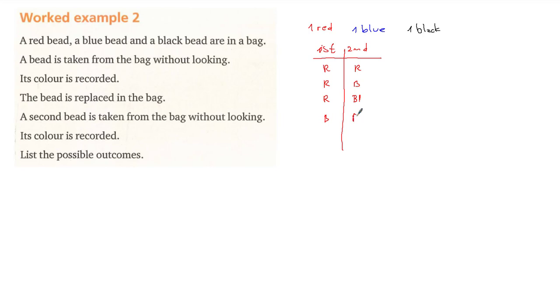If the first one is blue, then the second one may be red. If it's blue, then the second one may be blue again. If the first one is blue, the second one may be black. Let's suppose the first one is black. The second one may be red, black-blue, and black-black. So this is the list of our possible outcomes. There should be 9 possible outcomes, as we can see here.